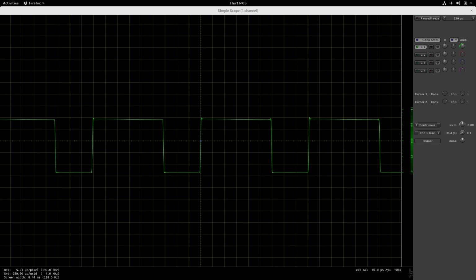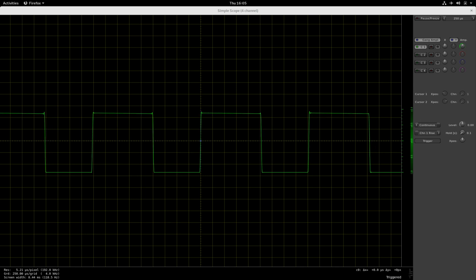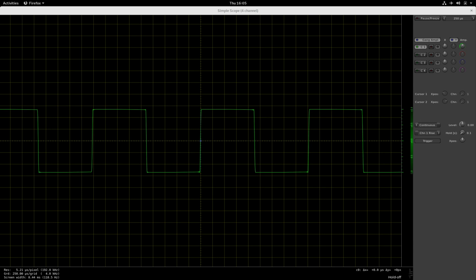Now, to get a better understanding of how this fuzz unit actually works, we will change the bias to 0 again. We will keep the gain high, but we will reduce the fuzz control. The fuzz control on the fuzzer is basically the same as the drive control on the overdrive unit.